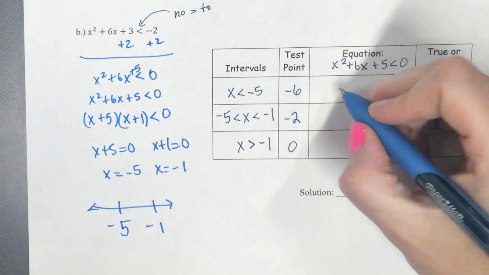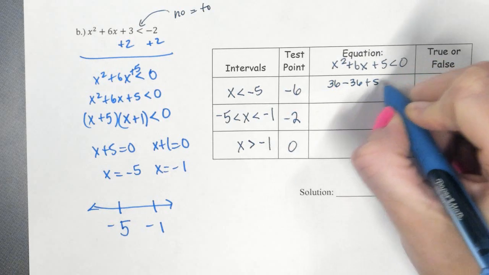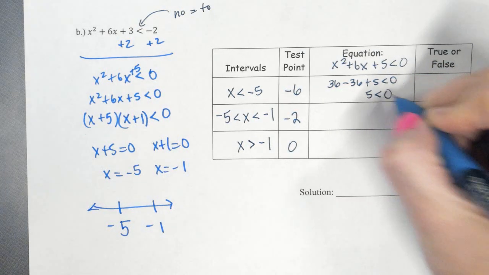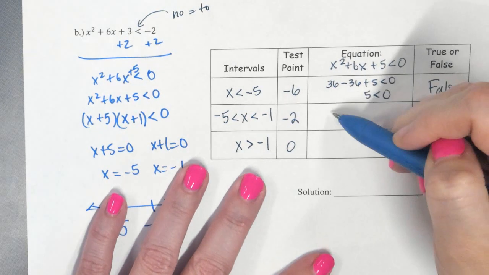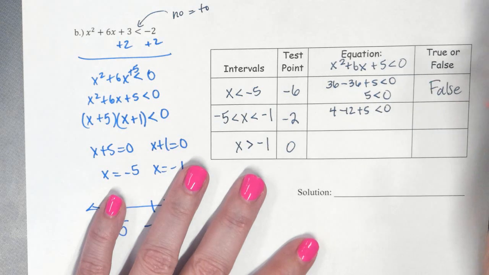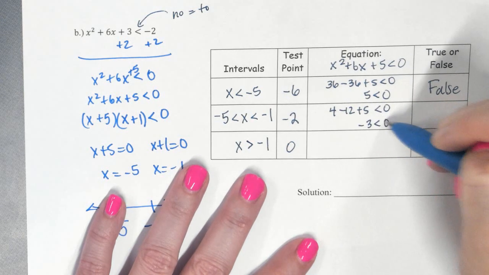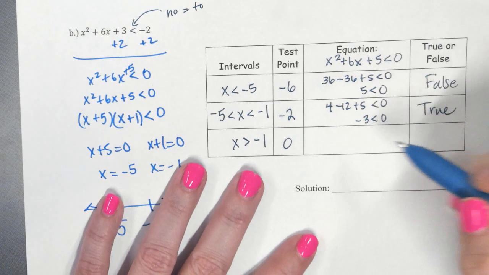Okay, and then so negative 6 squared is 36. Minus 36 plus 5 is less than 0. 5 is less than 0. No, so false. Negative 2 squared is 4. Minus 12 plus 5 is less than 0. So I have negative 3 is less than 0. That is true. What do I know that one's going to be?